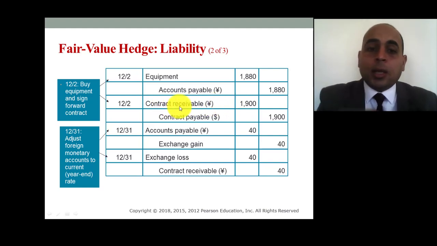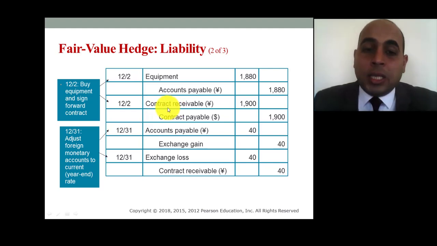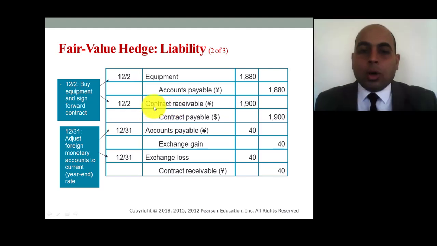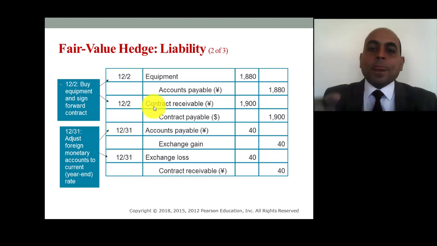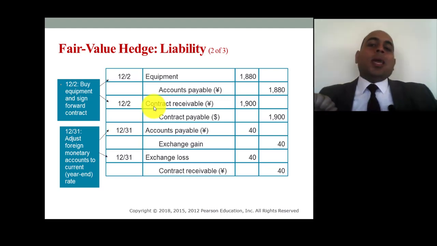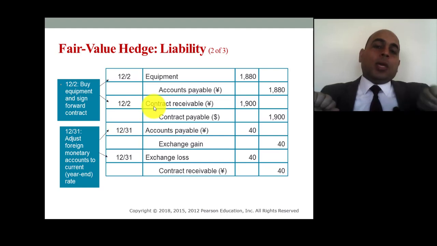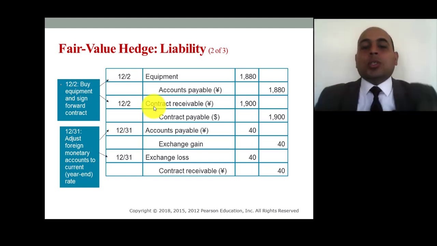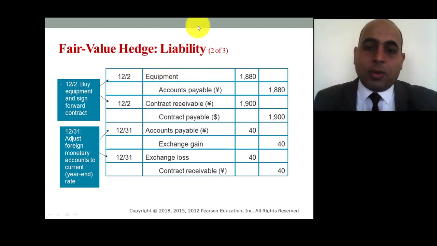Be careful here. This amount that we will receive on the date of settlement will be exposed to the fluctuation of exchange rate. We will receive 200,000 yen. On the date of preparing the financial statements, you have to adjust contract receivable for the fluctuation of exchange rate.